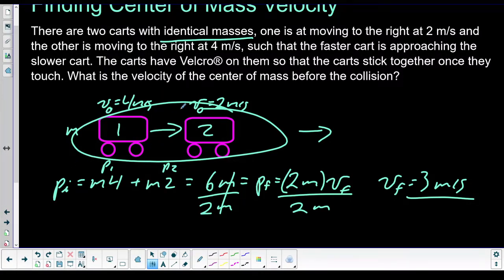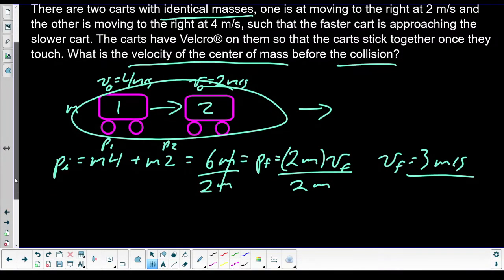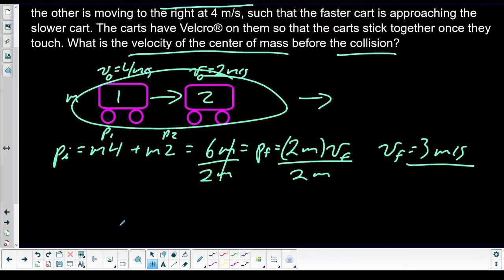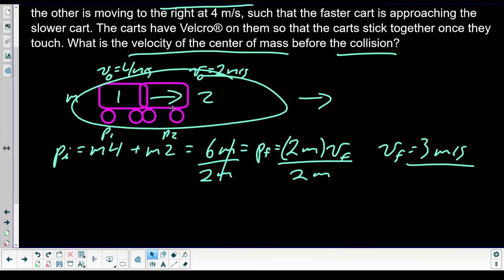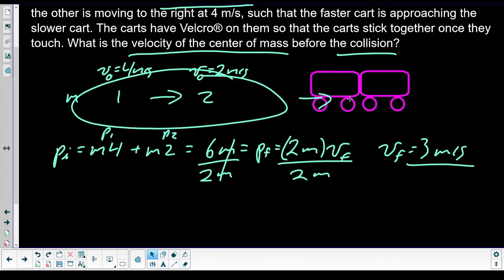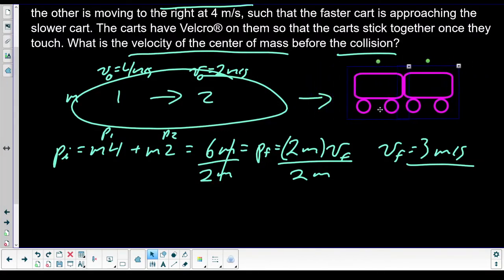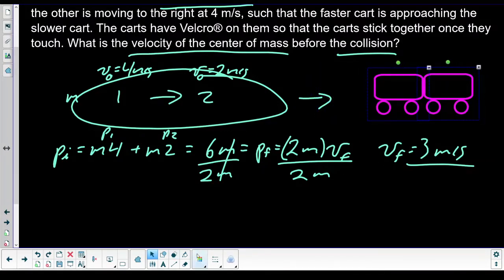Okay. So now, how does this help us find the velocity of the center of mass before the collision? Well, going back to my original ramblings, the velocity of the center of mass is constant before and after the collision. So after the collision, these things are stuck together and they're moving at 3 meters per second.